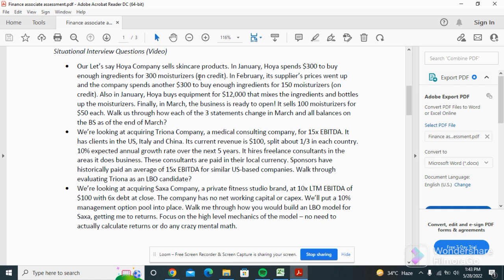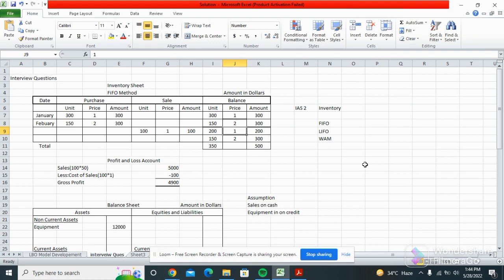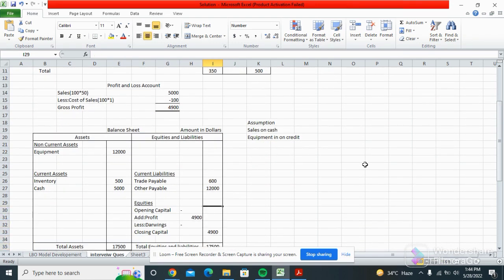It mentions that the 300 moisturizer is bought on credit, and the next purchase in February is also $300 on credit. So we have $600 of credit purchases of raw material, and I have mentioned the trade payable of $600 related to raw material.